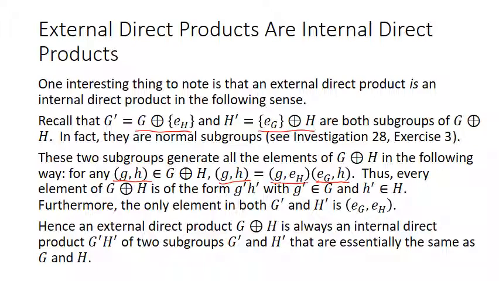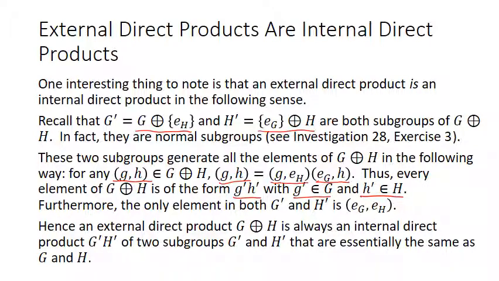So that means that every element of the external direct product of G and H is of the form little g prime, little h prime, where little g prime is in G prime, and h prime is in H prime. So that's kind of interesting.